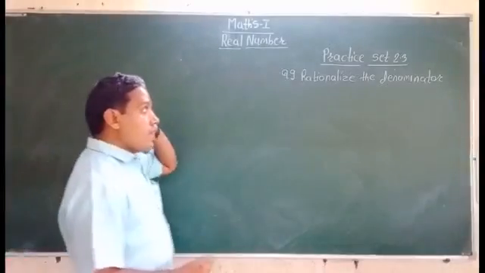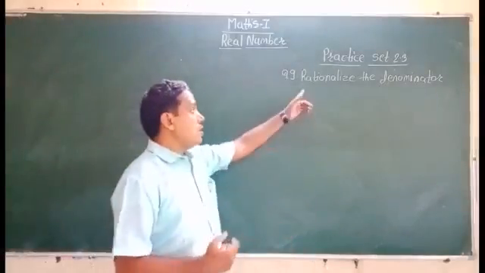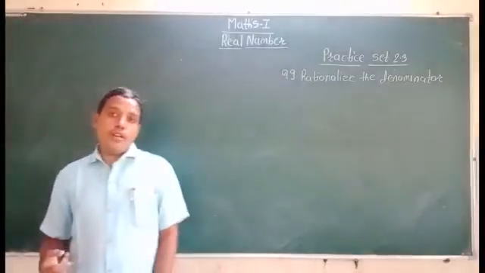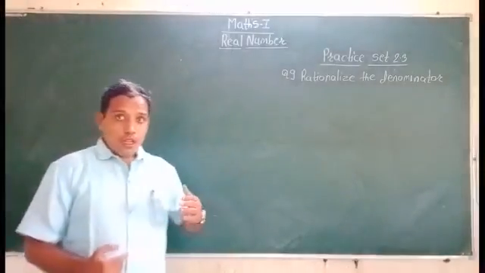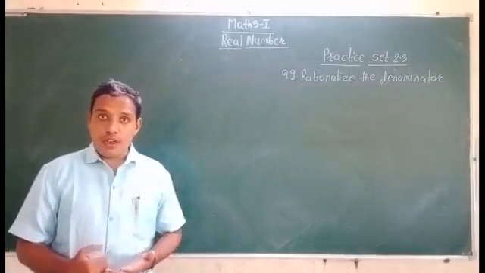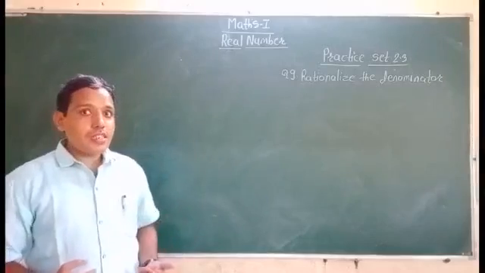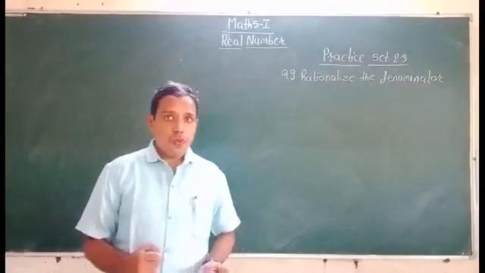The last question of that practice set is question number 9, and in that question, rationalize the denominator. Rationalize the denominator, that means what? At the denominator, a surd is given, and that surd we have to convert into its rational form.